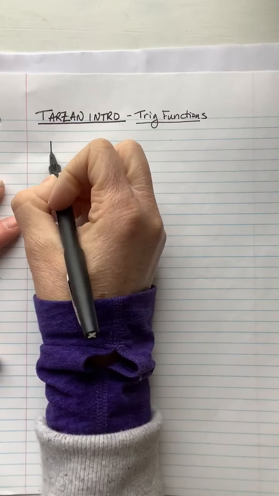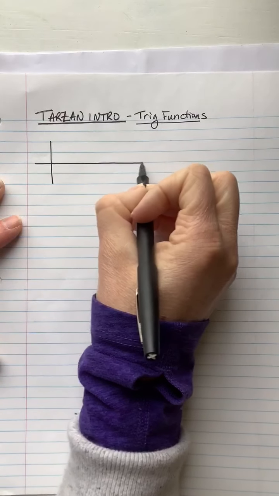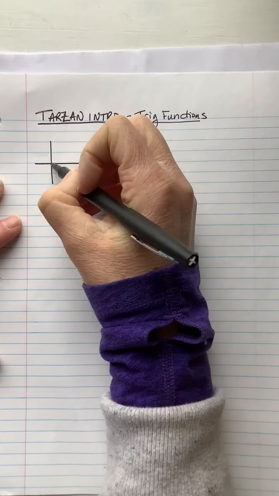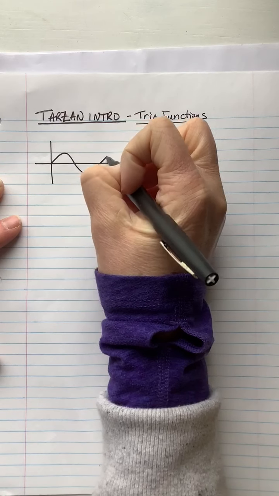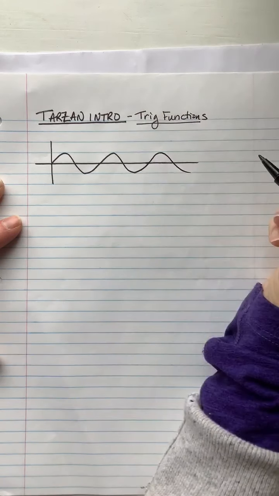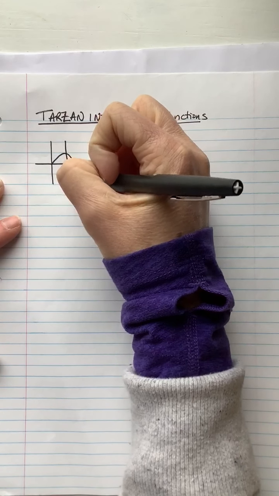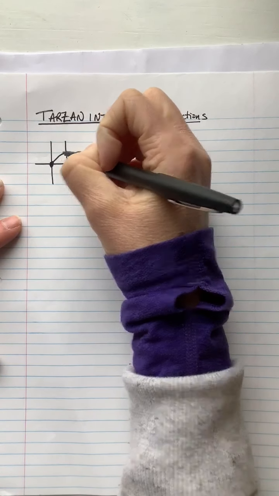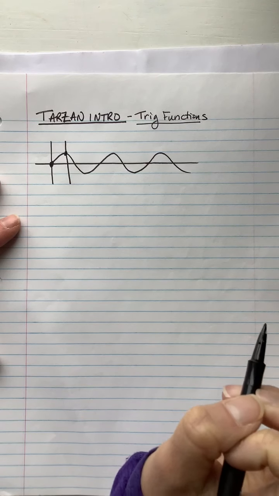Anyway, when we're thinking about our trig functions, of course, the motions that we're thinking about are those sine and cosine motions, where no matter where you start, sine and cosine create the same exact wave. It's just that one starts at 0 and one starts at 1, if you think about the parent function.